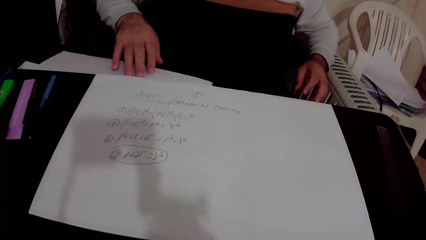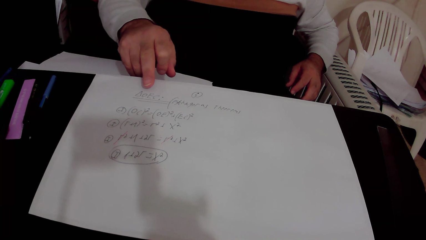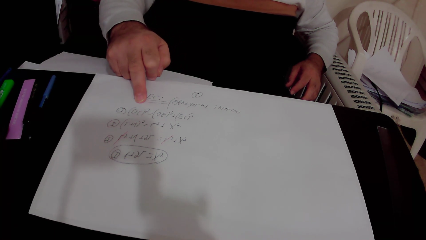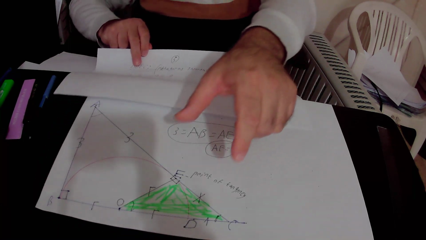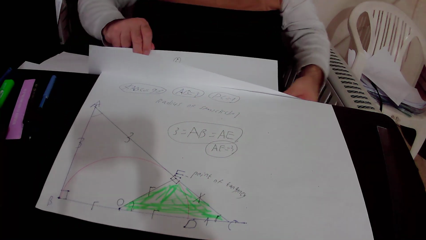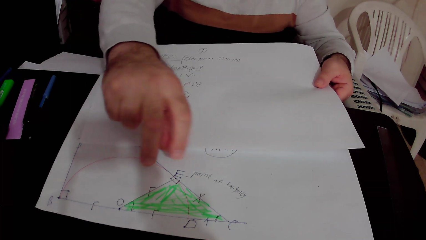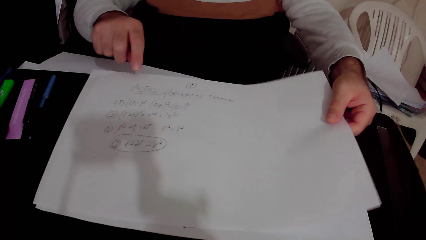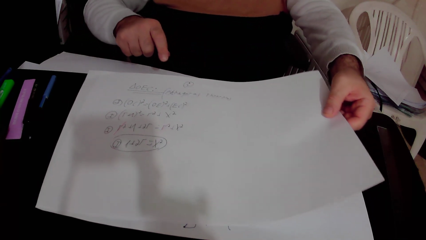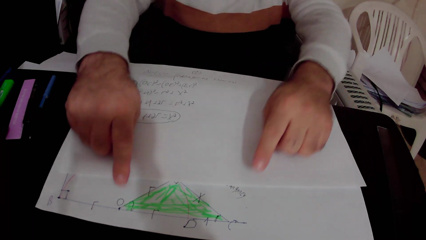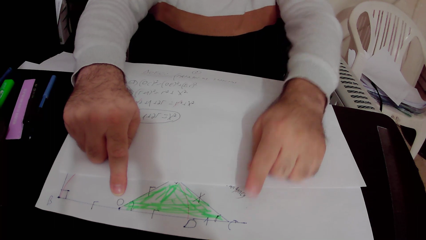And in the right triangle OEC, the square of the hypotenuse is OC squared. OC is the hypotenuse, and it equals the sum of the squares of the perpendiculars: OC squared equals OE squared plus EC squared. From this drawing, you can see that OC equals R plus 1.